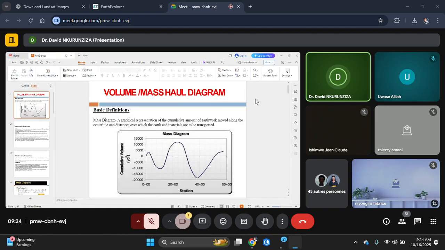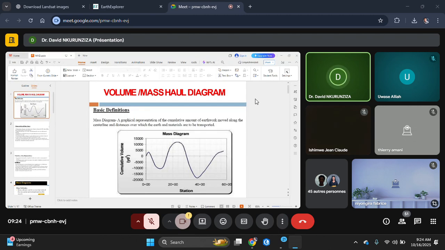So the diagram is plotted, as I have said, with the cumulative volume on the y-axis and the x-axis is representing the chainages, or the stationing or distances. Sometimes we can call it chainage.